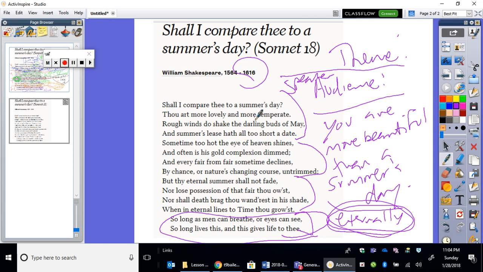But you have to bother with the words, and you have to bother with asking questions: what's a lease, and why does he say "date"? Complexion is the facial expression. You have to think about eternal and summer shall not fade and death bragging. You have to be able to create the image in your head of what's going on.